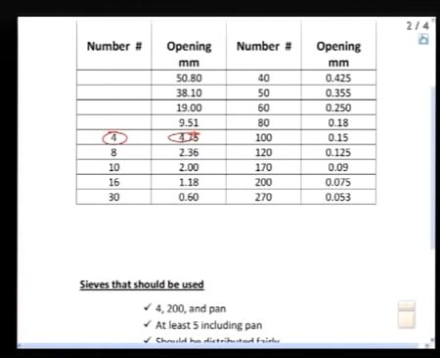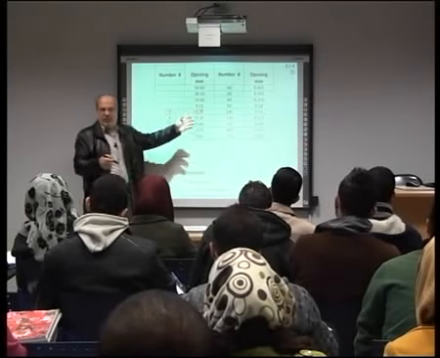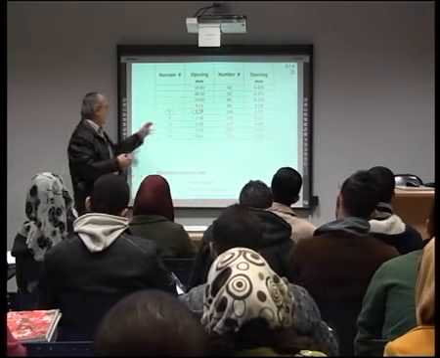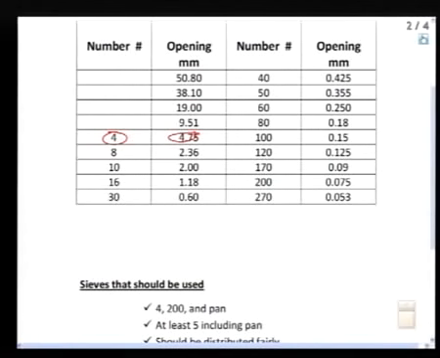We have different sieves, 4, 8, 10, 16, 30, 40, 50, 60, 80, 100, 120, 170. These are not all the sieves, I just chose some of them, with their openings.